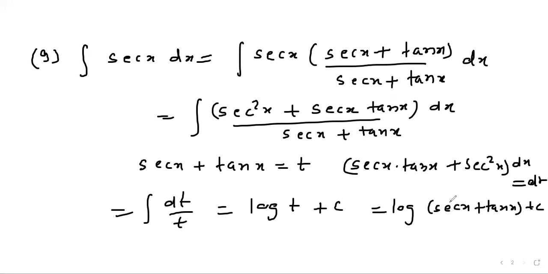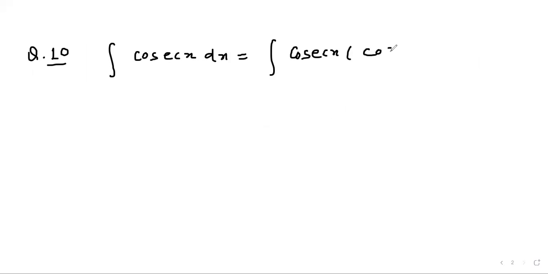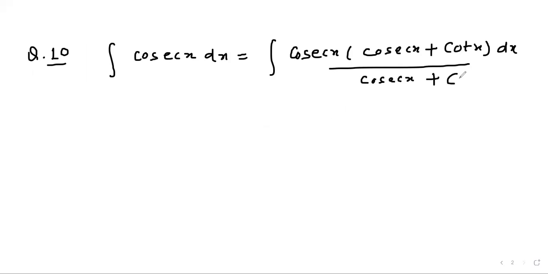Now, question number 10. Question number 10 says integration cosec x dx. Here again we multiply by cosec x plus cot x. So it will become cosec x times cosec x plus cot x dx divided by cosec x plus cot x.